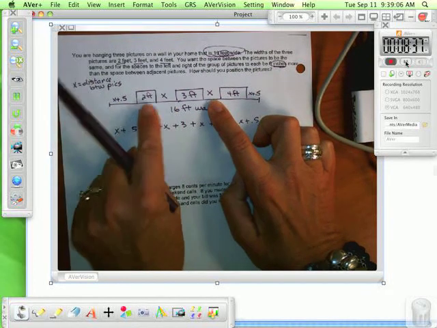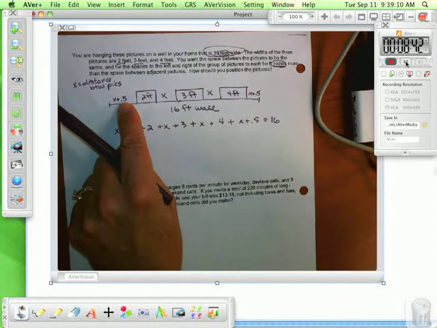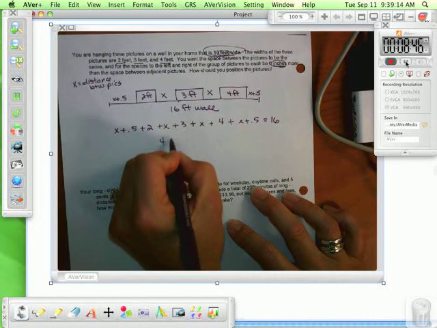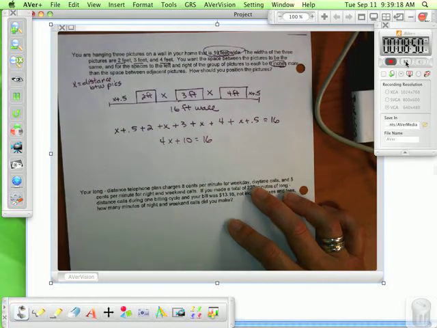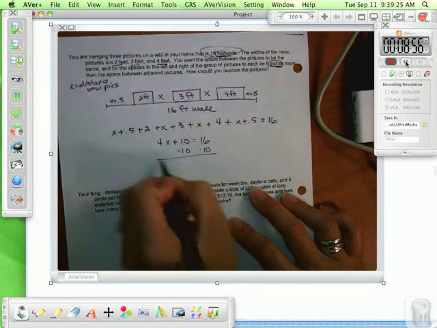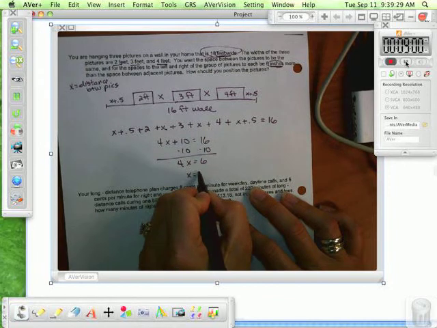And since we're talking about feet here, I had to put 0.5 instead of 6, half a foot. Okay? All right, when I combine all those, I get 4x plus 10 equals 16. And look how pretty that is now. Isn't that pretty? Okay? Subtract 10. 4x equals 6. X equals 1.5.